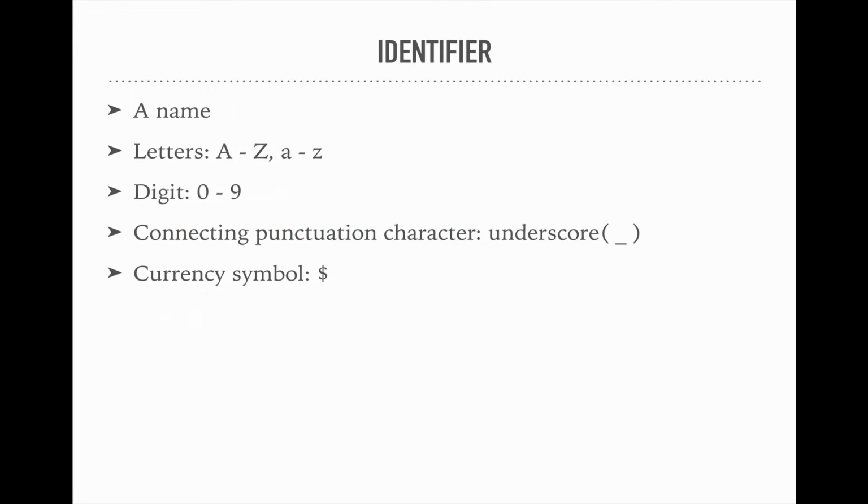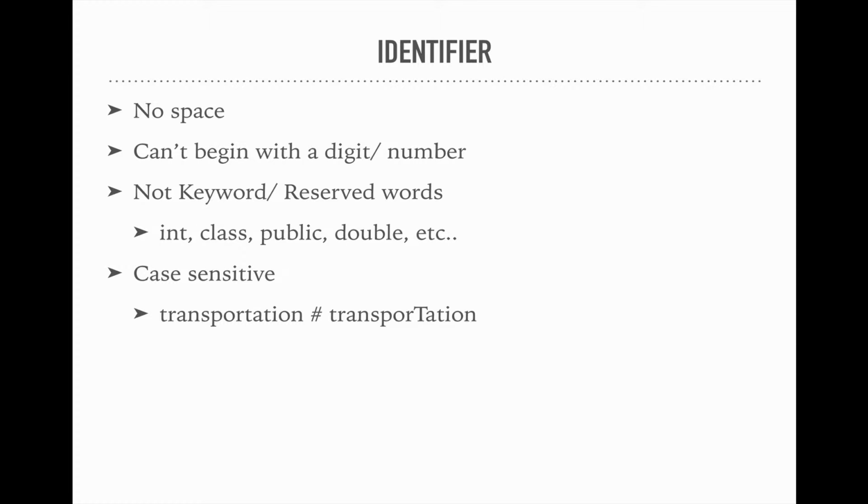Now, we talk about identifiers. An identifier is a name we assign to a method, class, or variable. An identifier contains letters, digits, a connecting punctuation character such as underscore, or a currency symbol such as the $ sign.